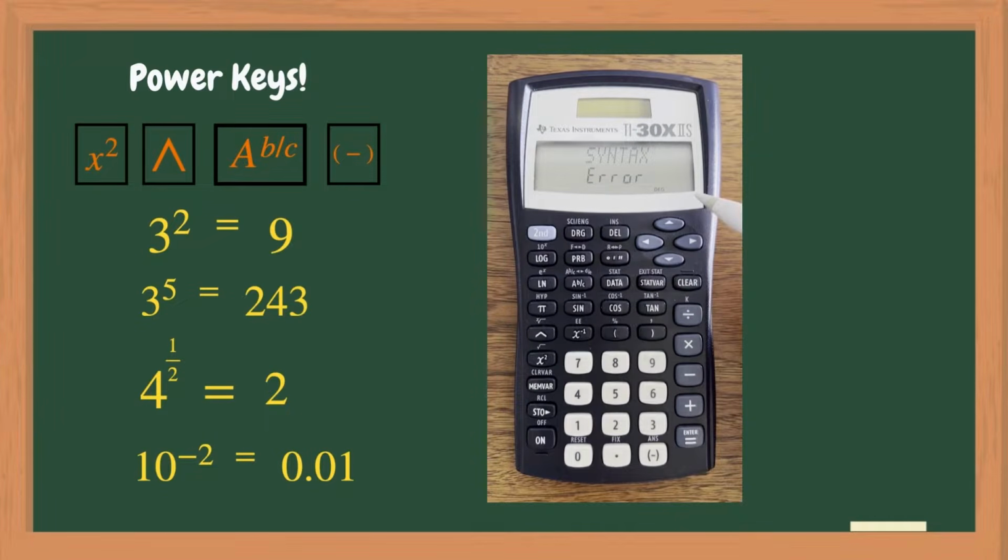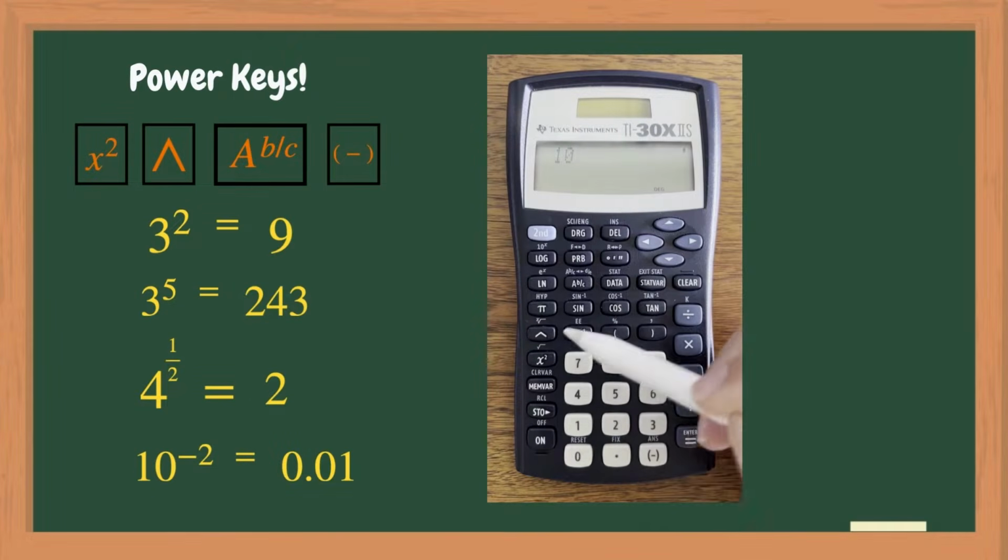Sometimes when people are new to using this calculator, they think, oh, this calculator can't do negative exponents. That is just not correct at all, because it really can. You just have to know the correct buttons to use. So let's clear it all the way. I'm going to put my base of 10, and hit my exponent button. Now, the correct negative sign button on the scientific calculator is this one right here.